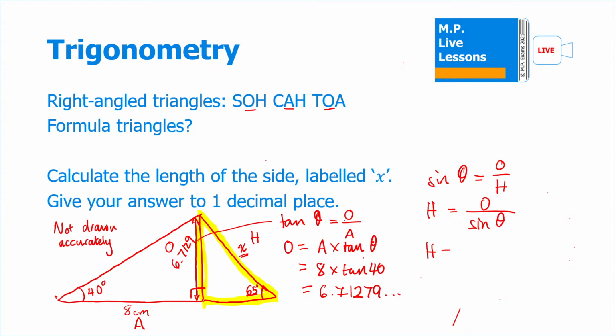So the hypotenuse is the value we figured out, which is the opposite, 6.7129 divided by the sine of the angle, so sine 65. This gets us 7.41. And I've put that to 2 decimal places.